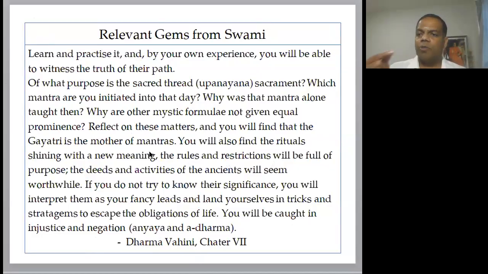The rituals have to be practiced with a new sense of meaning, rather than discarding them as useless or meaningless. And we will come up with some logic, where we will try to escape from practicing this. So Swami is warning us, so I thought it would be nice for us to read. And that Sandhya, chanting Gayatri and doing Sandhya, is to identify oneself with the Atman. So these concepts were there, so I picked that up.